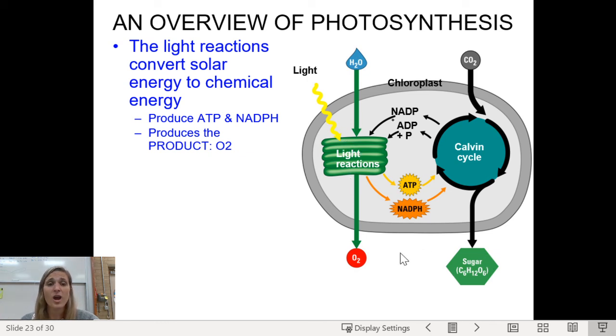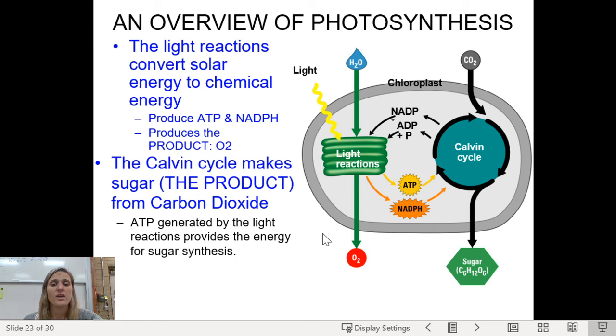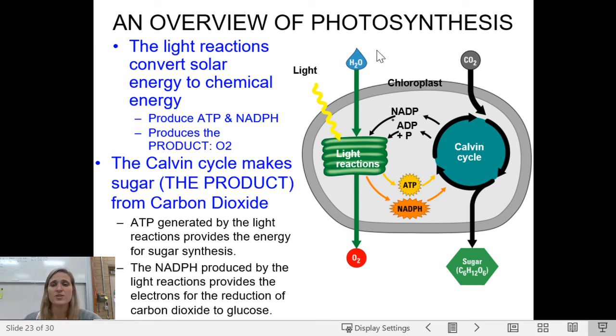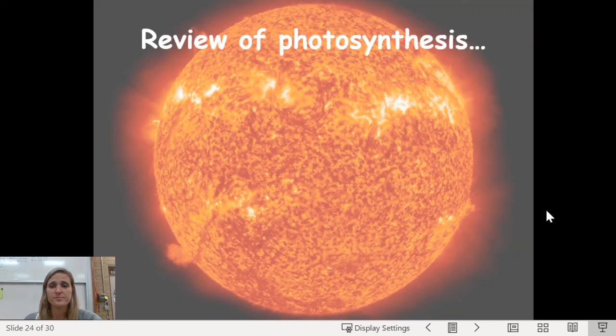Out of it, the products, what the plant is making, is oxygen and sugar. Again, light reactions take solar light energy and water, and they give you the product oxygen, and then it gives ATP and NADPH to the Calvin cycle, which takes the carbon dioxide and changes it into sugar.